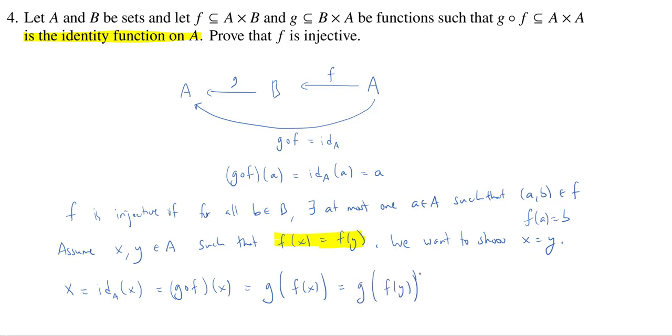And now all I have to do is unravel this, right? I just basically repeat everything, but with Y's instead of X's. So G of F of Y is the same thing as G composed F applied to Y. But G composed F is the identity map. So this is the identity map applied to Y. But the identity map applied to Y is equal to Y. And so if we read from the left to the right, we start with X, we end with Y, there's equals in the middle.